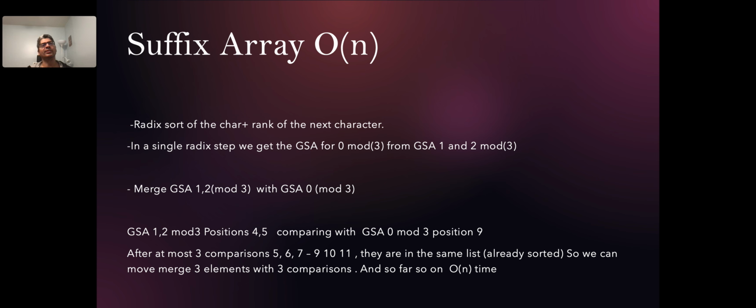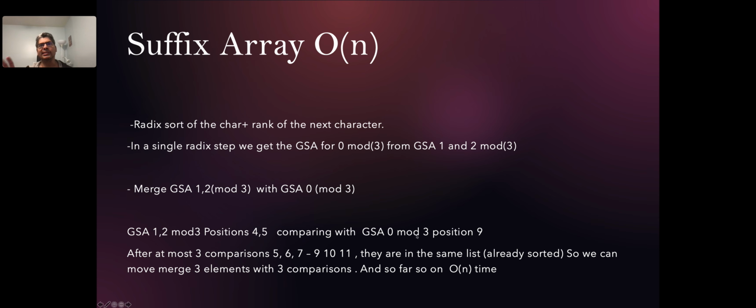And the merging. Imagine I have a GSA for mod 2 that we know about. I know the positions for 4 and 5, and I know how they compare. I also have the GSA for 0 mod 3.